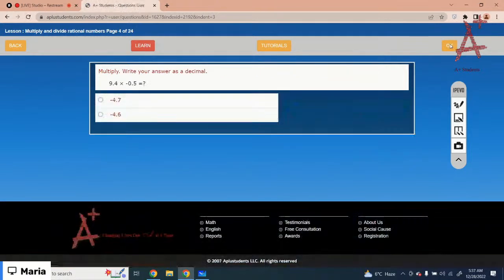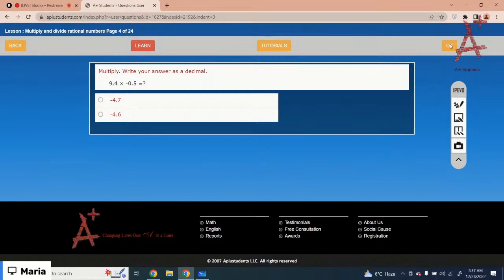Okay, the next one is you have to do 9.4 times 0.5. Got it? You can use the calculator. It would be, let me just check on the calculator, 9.4 times 0.5.